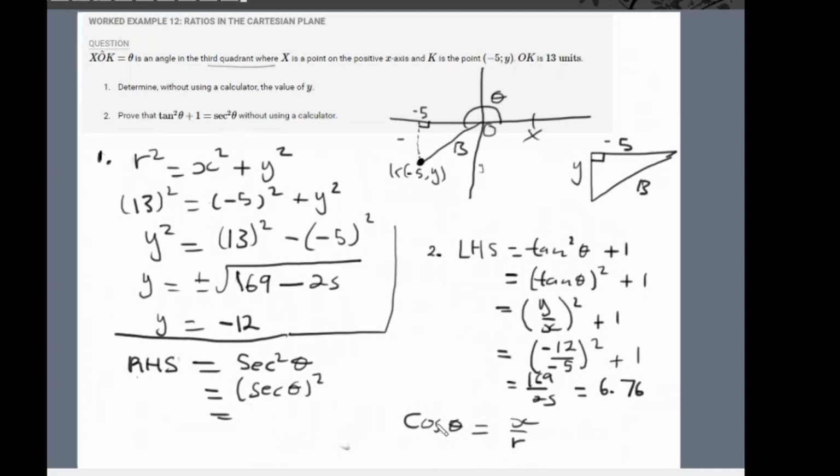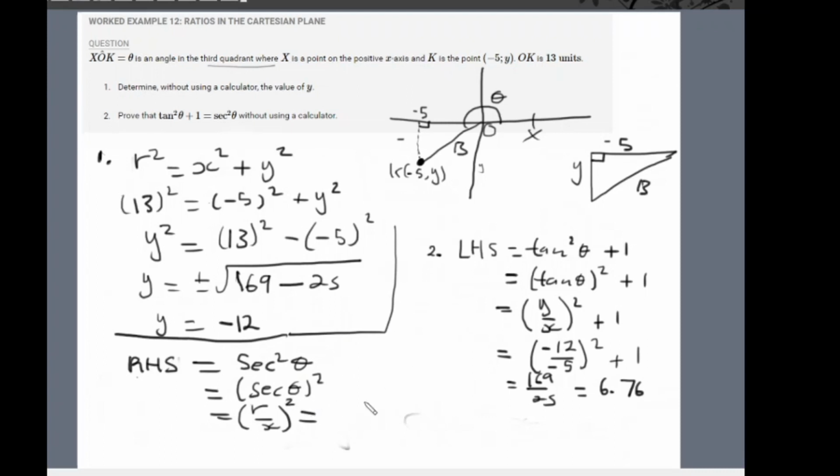This means that the reciprocal will be, you swap the denominator and the numerator, r over x. So it's going to be (r over x) squared.